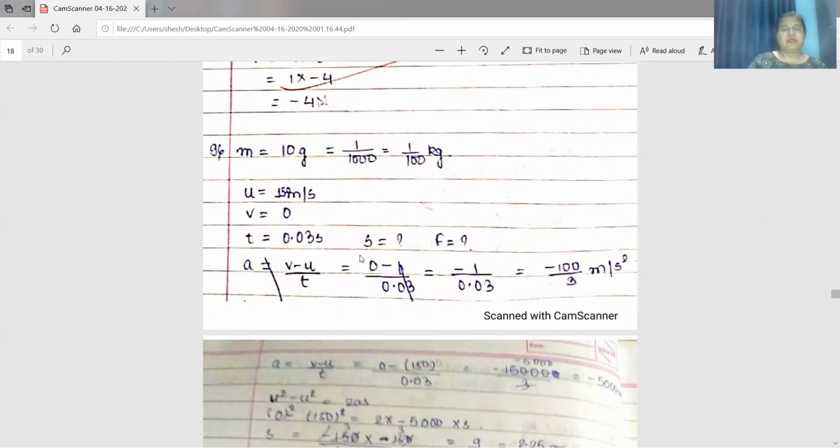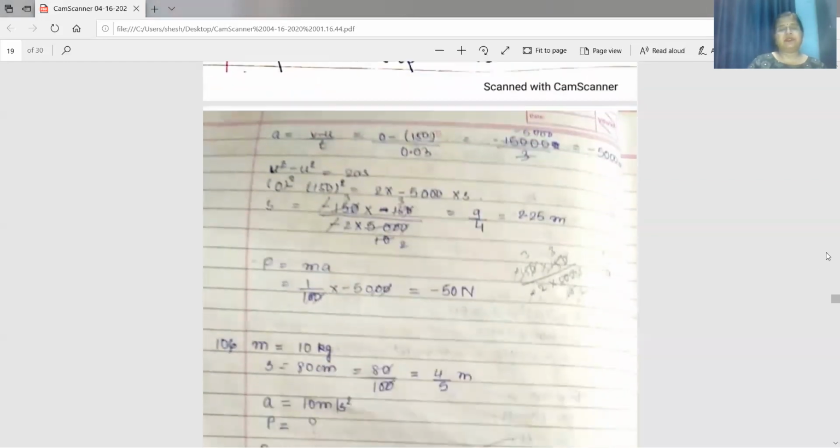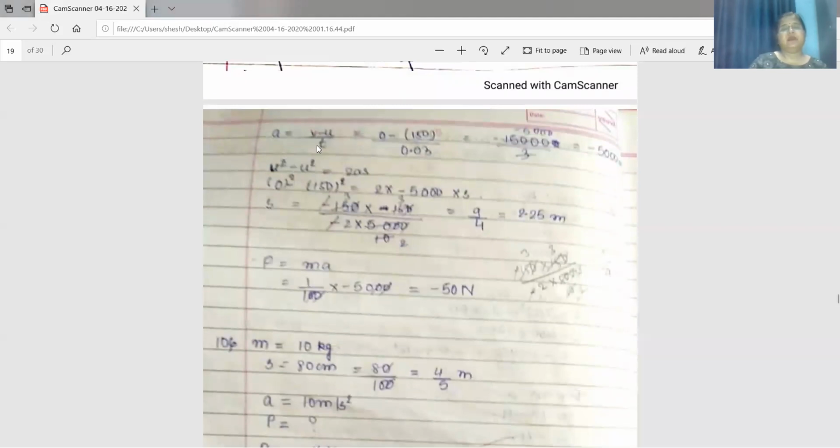So first find out acceleration. Acceleration equals to V minus U by T. V is 0, minus U is 150, divided by 0.03. When you remove this decimal, 20 you have to put in numerator and solve it, you will get minus 5000 meter per second square.